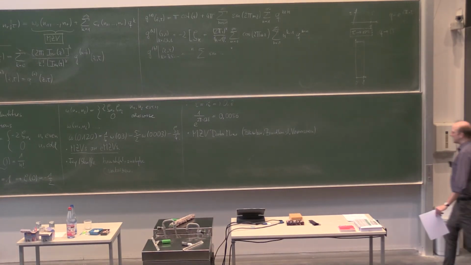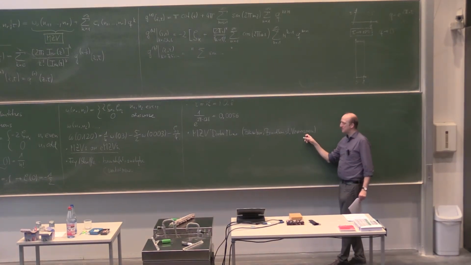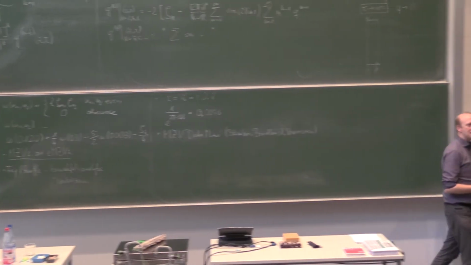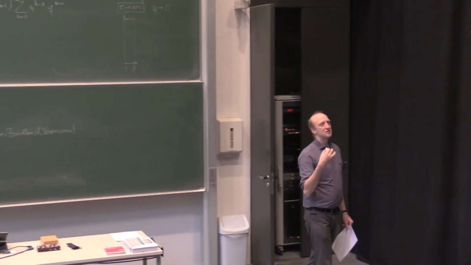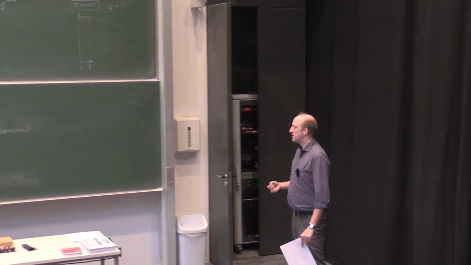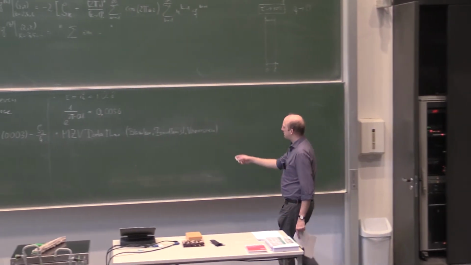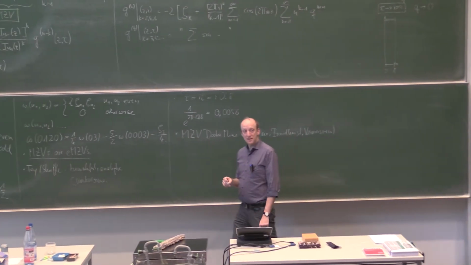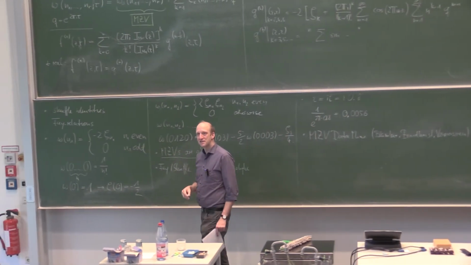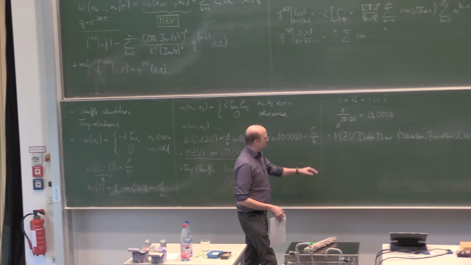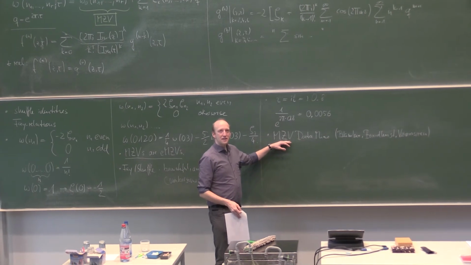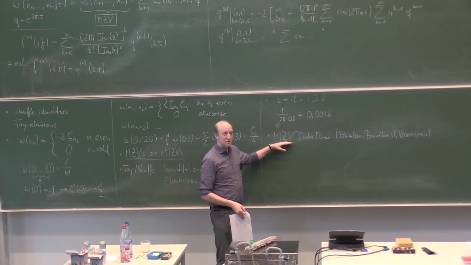So Jos Vermaseren, Dutch physicist, has come up with an alternative to Mathematica, which is programmed in C. It has an amazing pattern matching system which exceeds even the Mathematica abilities and is very much suitable for doing experiments, analytic experiments, no numerical experiments with multiple zeta values.